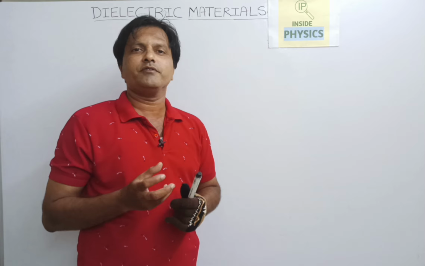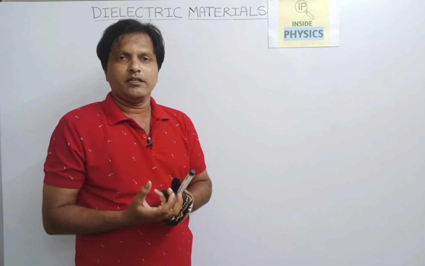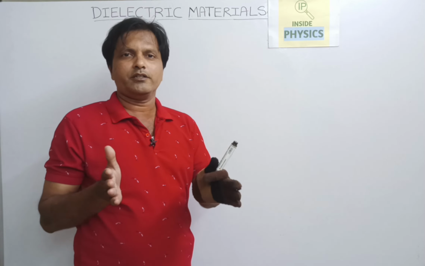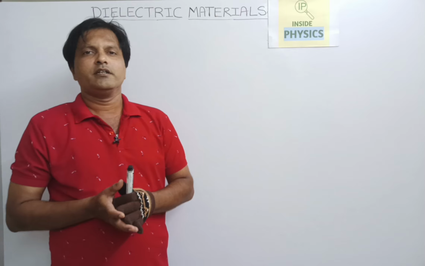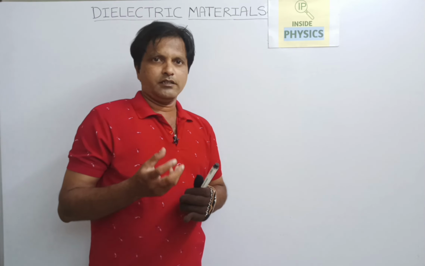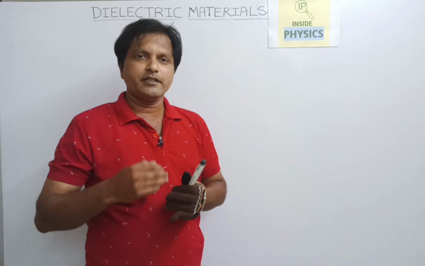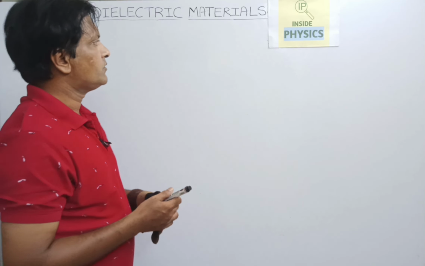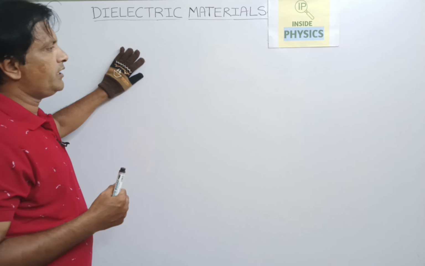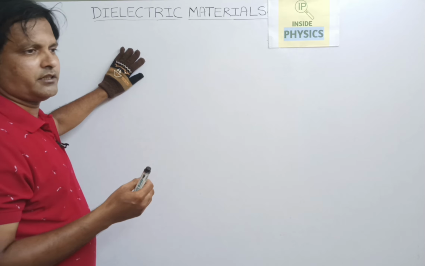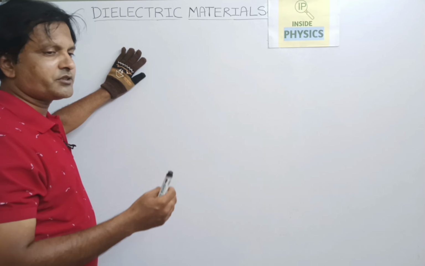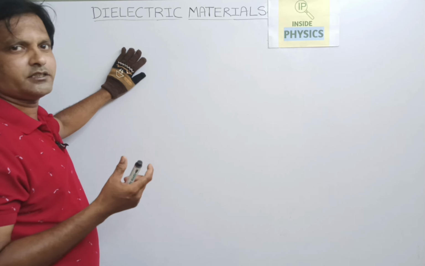The dielectric decreases the electric field between the two plates of a parallel plate capacitor, and thereby also decreases the potential, thereby increasing the capacitance. So here we understand the polarization and what the types of polarization are in this session.